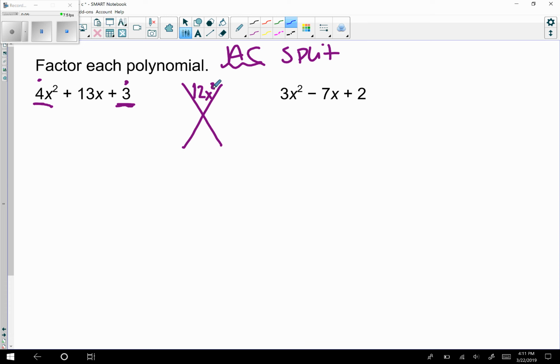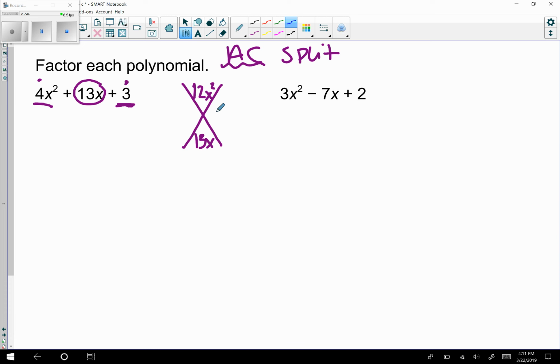You are going to put your B term in the bottom part of this big X. Okay, so now what they want you to do, you guys, is find the factors of 12 that when you add them together will give you 13. So the factors of 12, when you add them together, will give you 13.